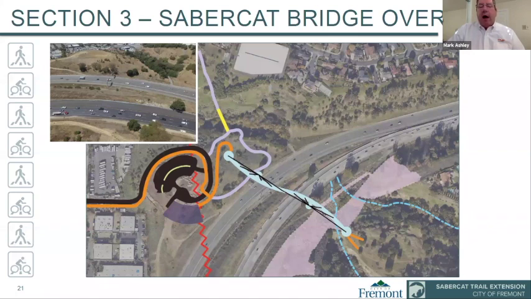This is a pretty high spot in the terrain with excellent views across the city over to the bay, so this will be a really nice amenity. And then those little orange lines are going to extend further, and there's going to be a paved trail that goes from the landing of the overcrossing, or the bridge, and connects up with the existing paved trail that terminates, I think, about 750 feet to the east.